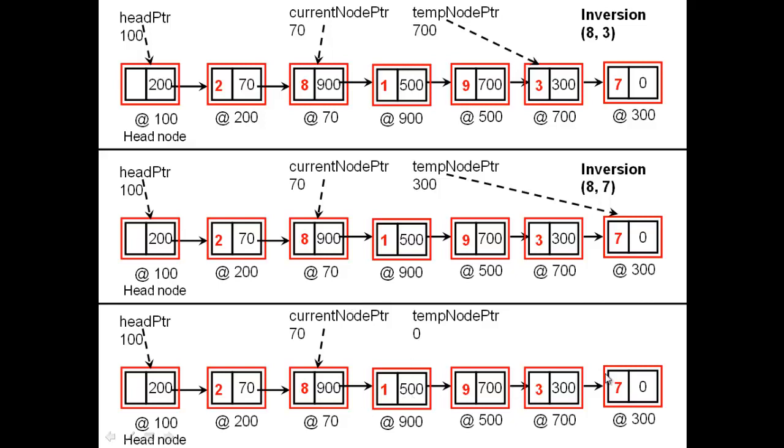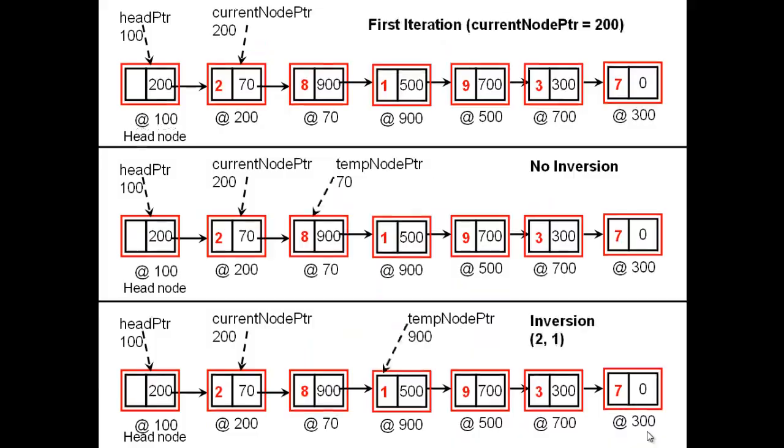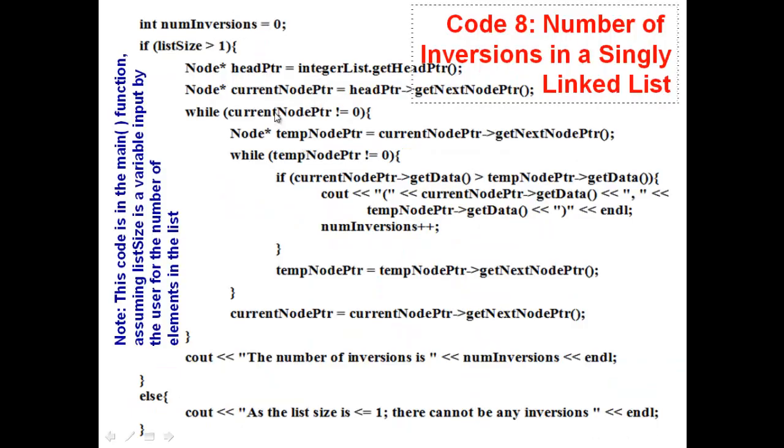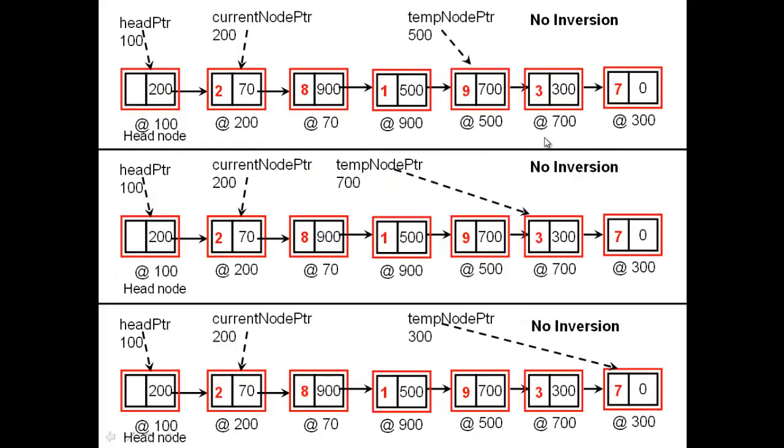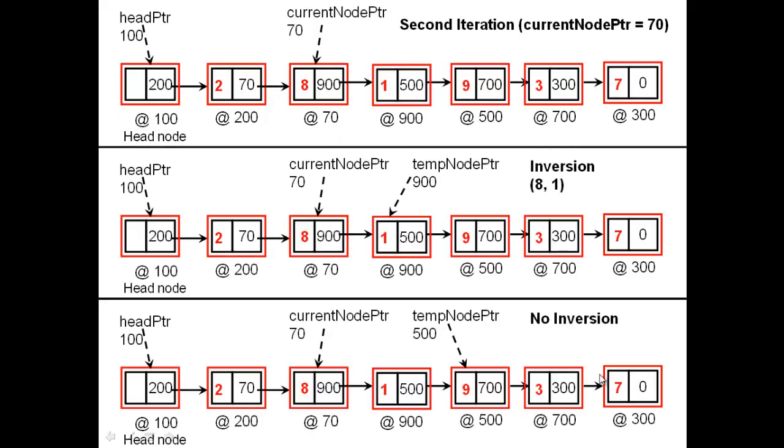So you keep on going through like this until you reach a situation where current node pointer is at the last node, say at address 300, it's pointing to this node at address 300, and in that case you get inside the loop, 300 is not null. Now you try to get the address of the node next to the current node, so that will be null because there's no node further down after this node.